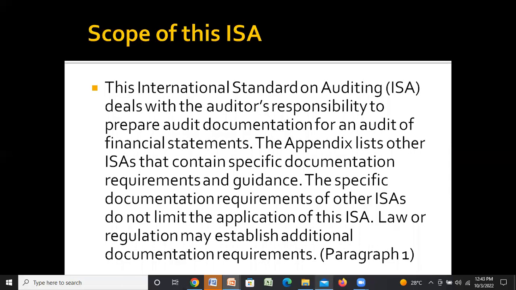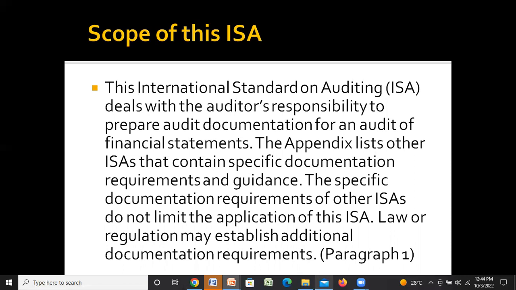All right, so let's look at the scope of this standard. This international standard on auditing deals with the auditor's responsibility to prepare audit documentation for an audit of financial statements. So like I said, you have to provide evidence for the audit opinion.